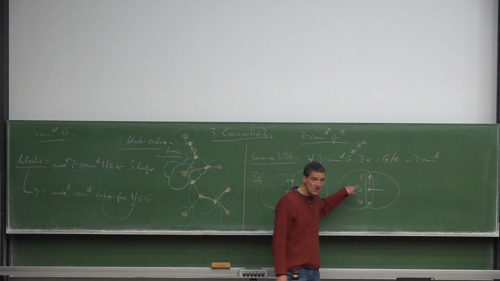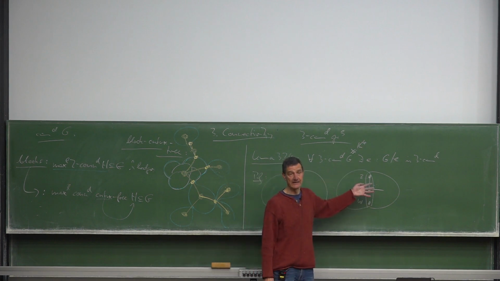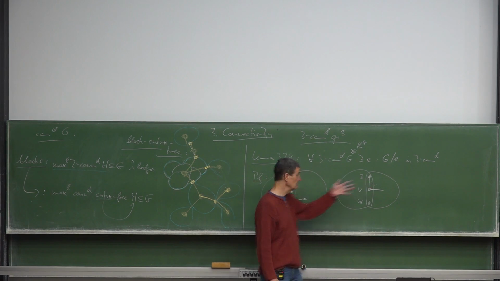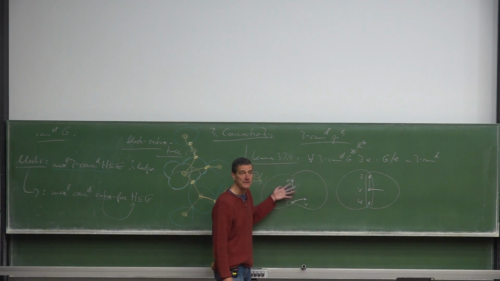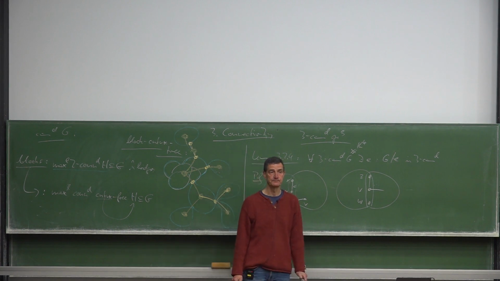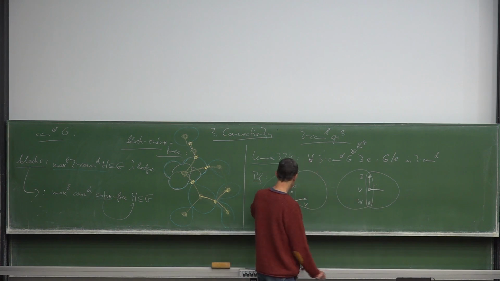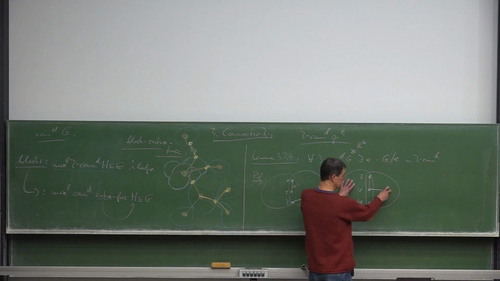Now let's look. We don't just want to start again, right? That would be stupid. We want to use what we have. So we can ask, where are x and y in this picture? Well, we can't have x and y in different components because they're adjacent.